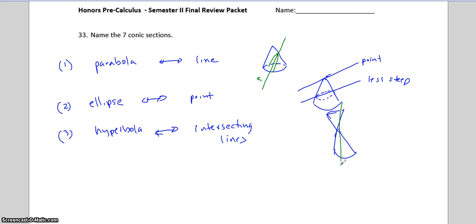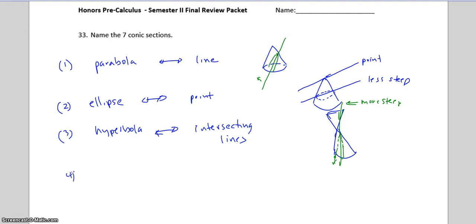So I'm going to go ahead and try and make that more steep right there. More steep. And then we see that hyperbola cuts in there, and there's another branch up here. It looks a little parabola-like, but it's not. And remember, these cones extend down forever in the true conic section fashion.